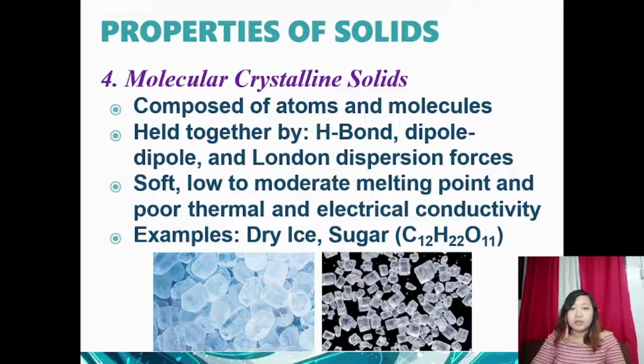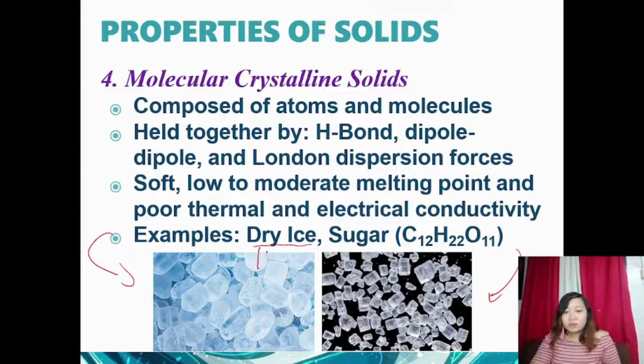The last one is the molecular crystalline solid, examples of which are dry ice and sugar. If you notice, dry ice, which is CO2, and then sugar are composed of C12, H22, and 11 oxygen atoms.